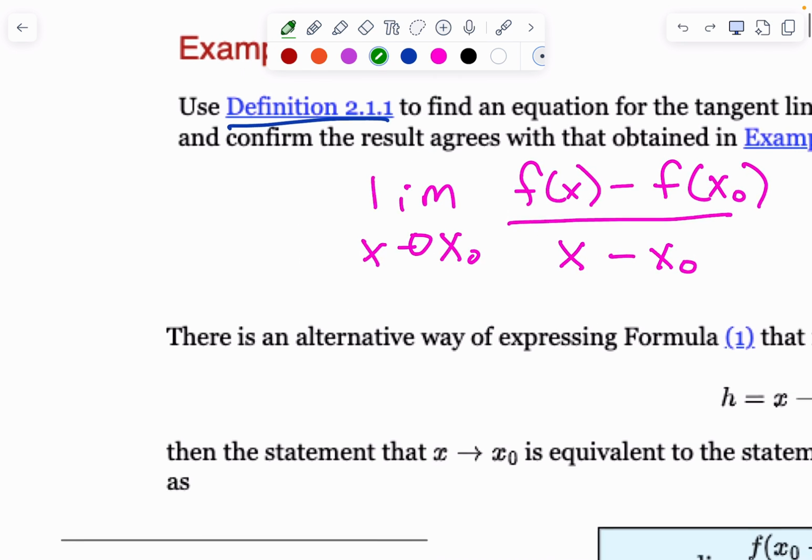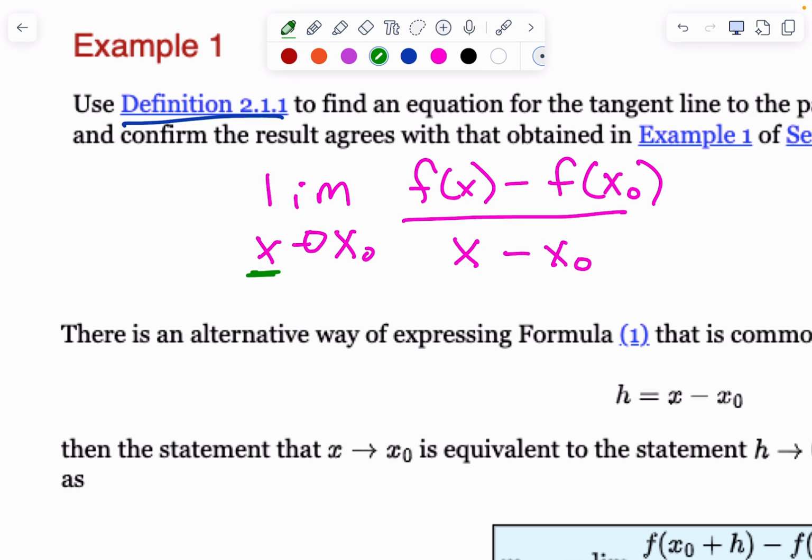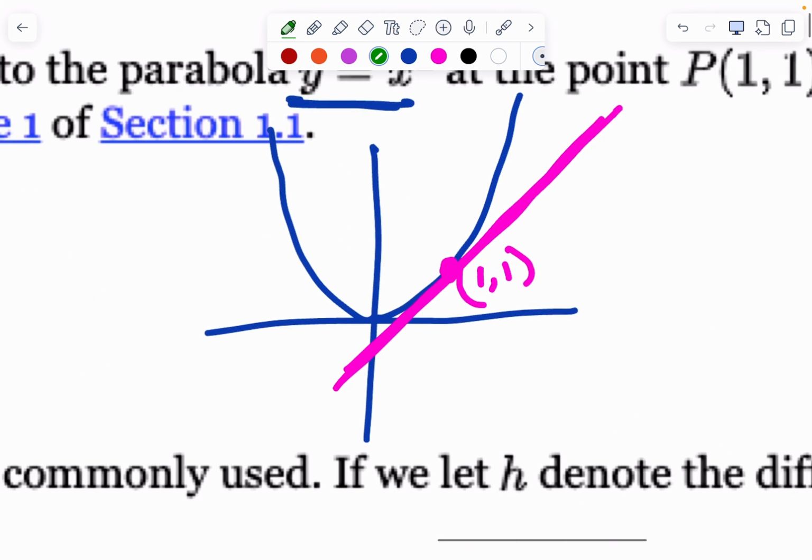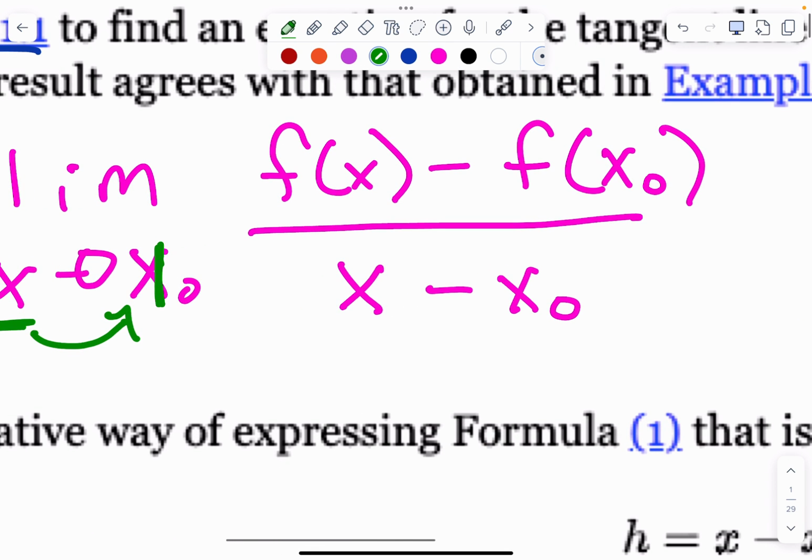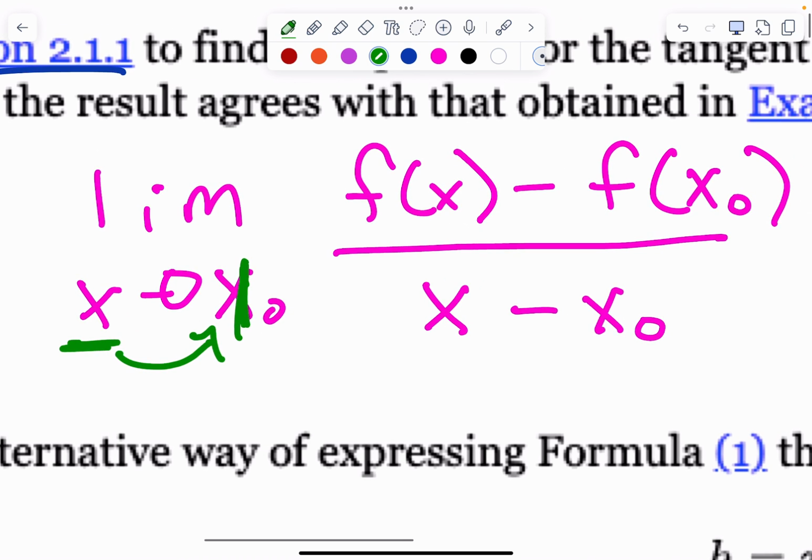So I'm going to take this x and slide it toward the x that already exists. Which x are we looking at? 1, right here. I'm trying to find where that x is going toward. That means x naught, the one I'm concerned with, is going to be 1.